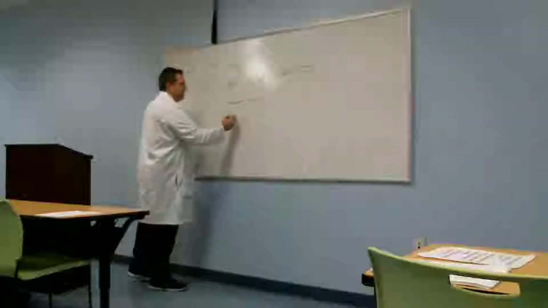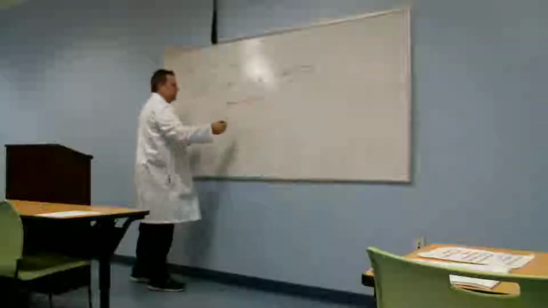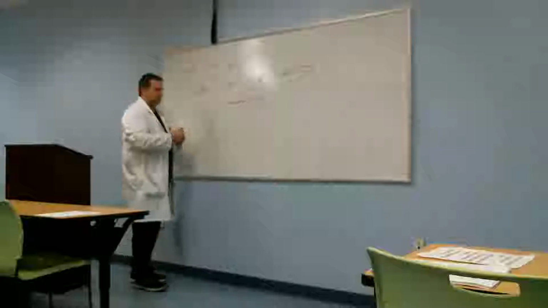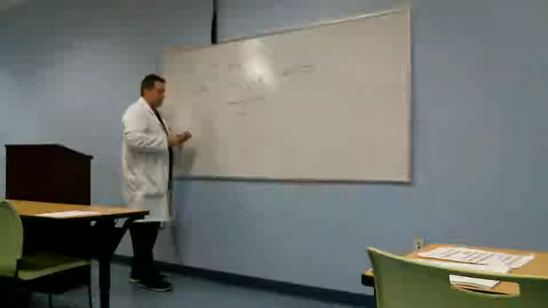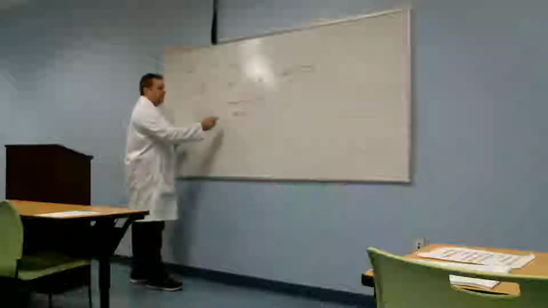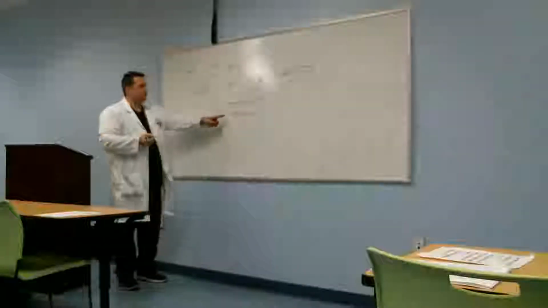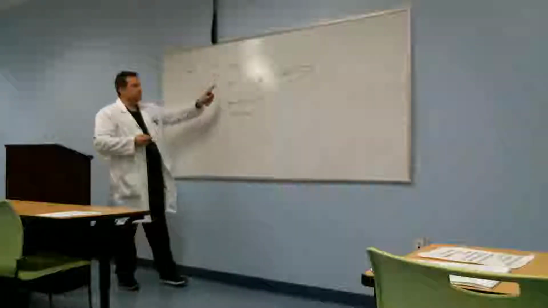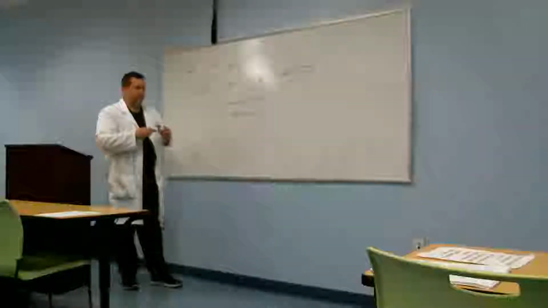If we have a muscle that looks like this, and it is attached here and here, when that muscle contracts, it's going to get shorter, which means these two points are going to get brought closer to one another. This one's going to move a little, this one's going to move a lot. The part that moves a little or none is the origin, the part that moves a lot is the insertion. That's how we differentiate between the two.